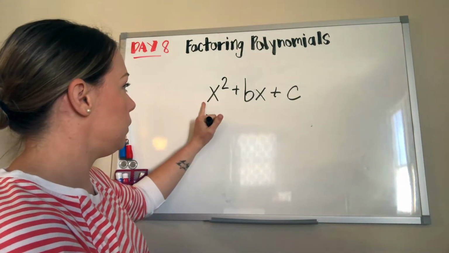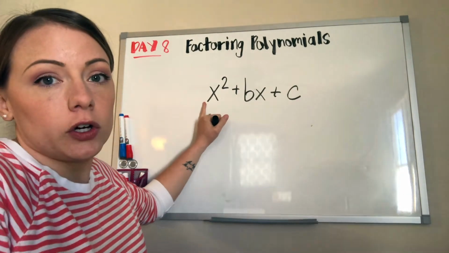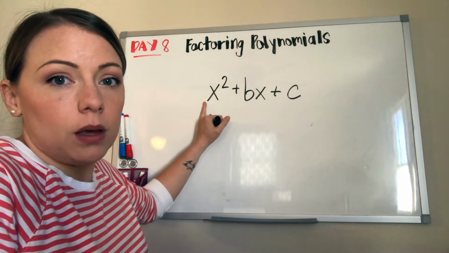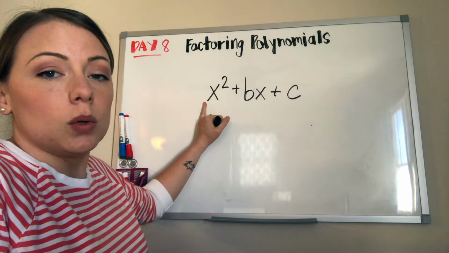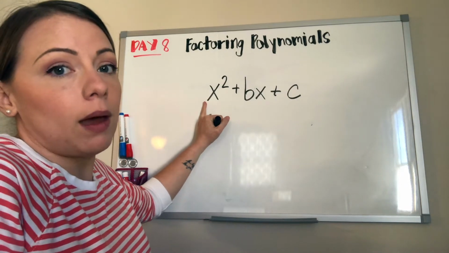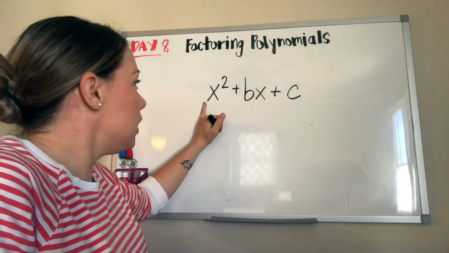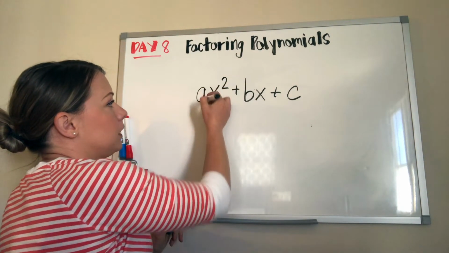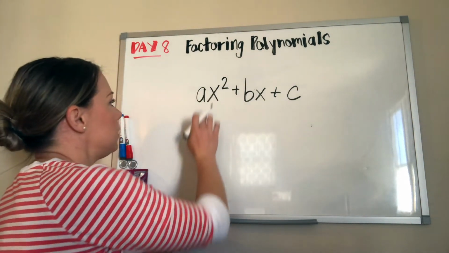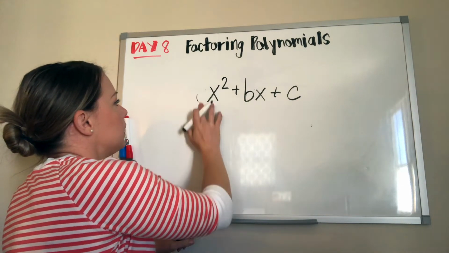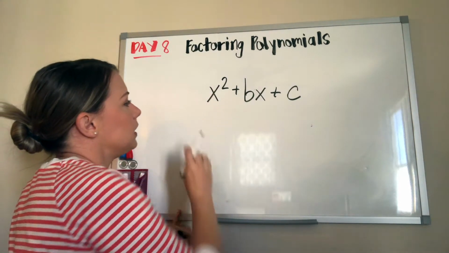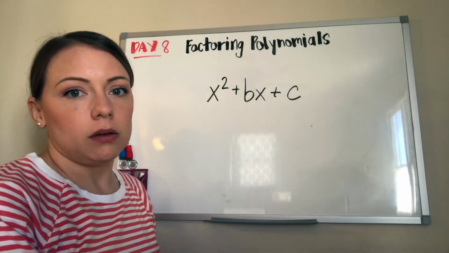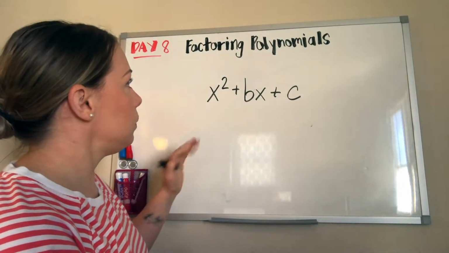Also, I want you to notice there is not a letter currently in front of x squared because that's going to be your lesson for day 9 if you have yet to look into that. So eventually we'll build up to how to factor something such as this, but today we're not really going to look at that.